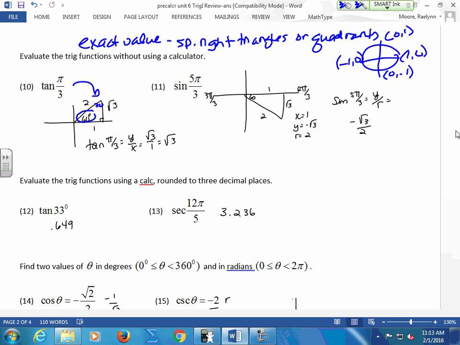Opposite the 60 is radical 3. So again, x is 1, y is radical 3, r is 2. I just want the tangent. Y over x. Now try not to leave it as radical 3 over 1. Just reduce it down. It's not wrong, but give it to me as radical 3.